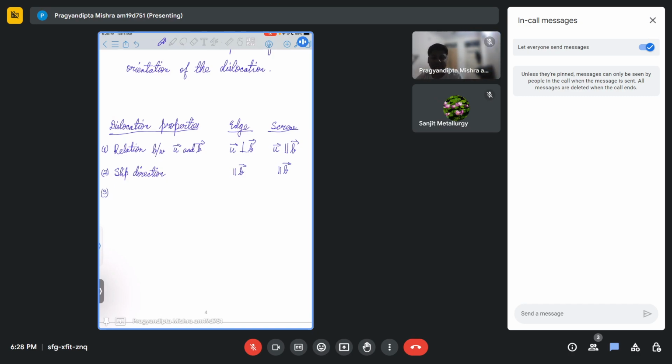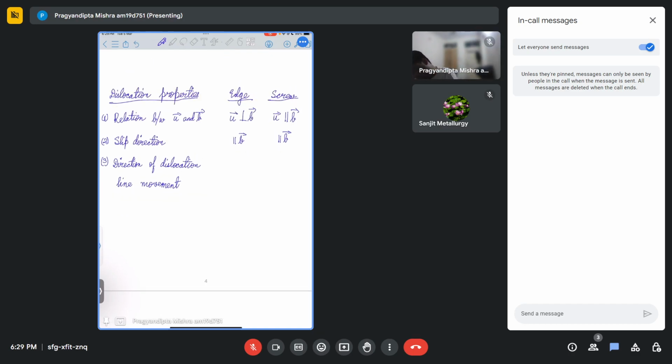The direction of dislocation line movement: a dislocation can only move in a particular direction, right? What do we mean by a dislocation moving?